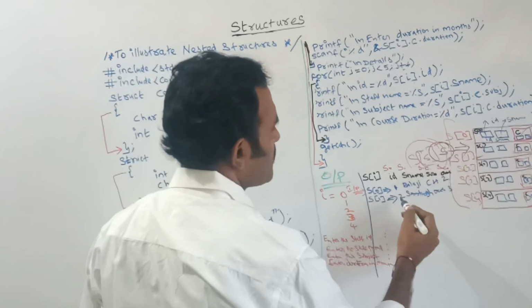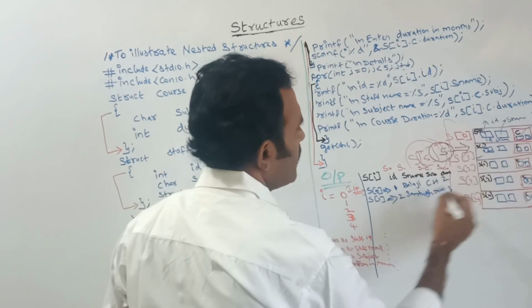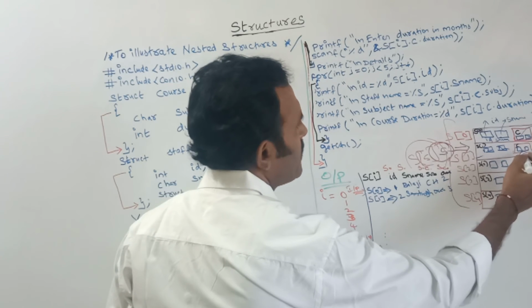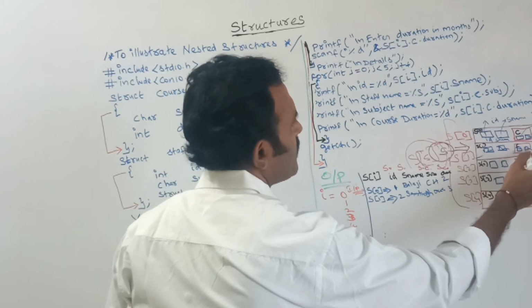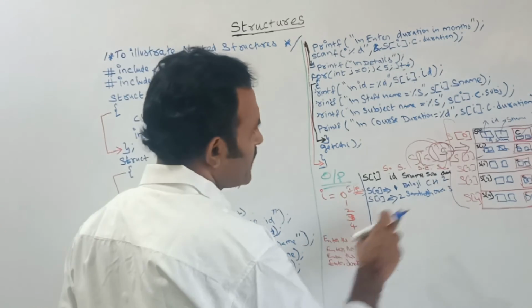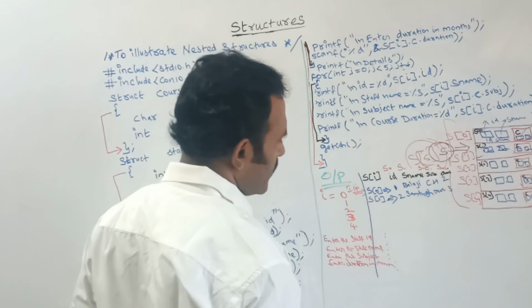Then here it will store the 2. Next staff name Santosh, subject Oracle, number of months 3 months. Next for it will get the value for this second location.